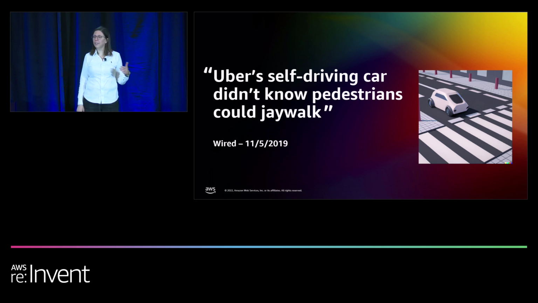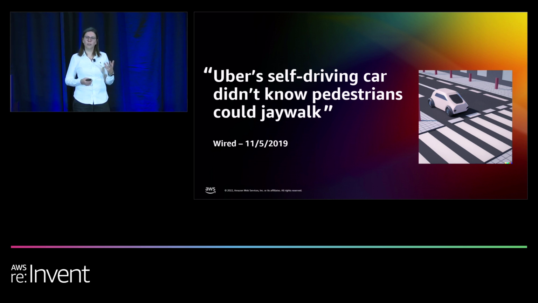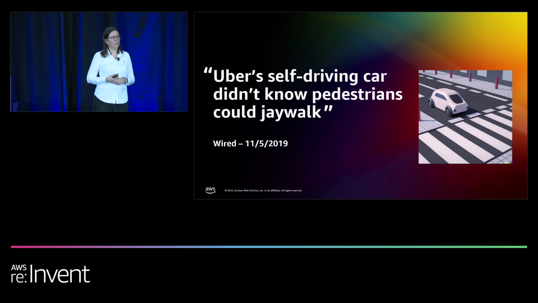And the car didn't see the pedestrian crossing the road. So the car didn't brake, and the woman was killed in this accident. So it is very important to be sure that you do not have this kind of biases. And they tried to figure out why the car didn't see the pedestrian.